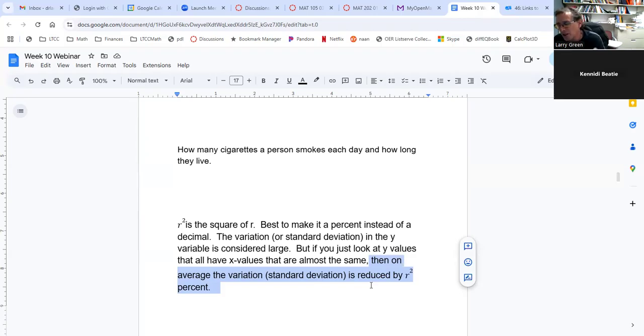But if you only look at weeks that have almost no rain at all, then that variation is decreased by almost 100%. Does that make sense? There'll be very little variation if you're only looking at weeks at which it had the same exact amount of rain. Any questions on the idea of that?